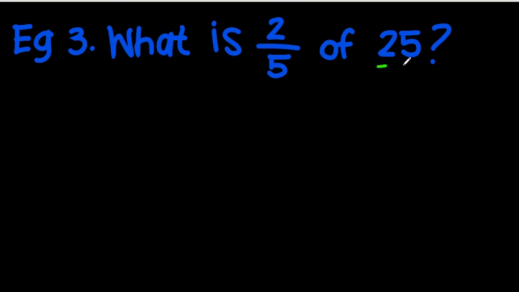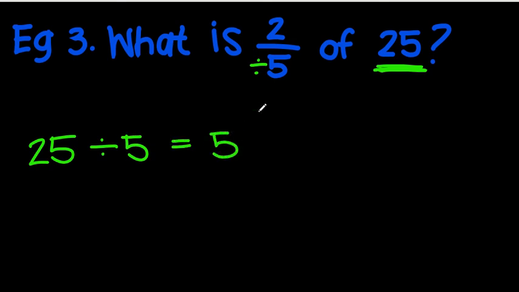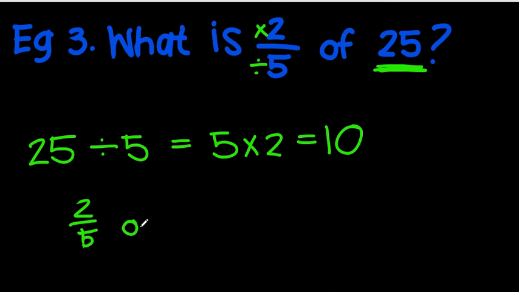So we always start, this is the amount that I'm working with, so 25. I'm going to divide it by this bottom number, so 25 divided by 5 gives me 5. And then I'm going to times it by the top number. So 5 times 2 gives me 10. And so, again, it really simply worked out 2/5 of 25 gives me 10.